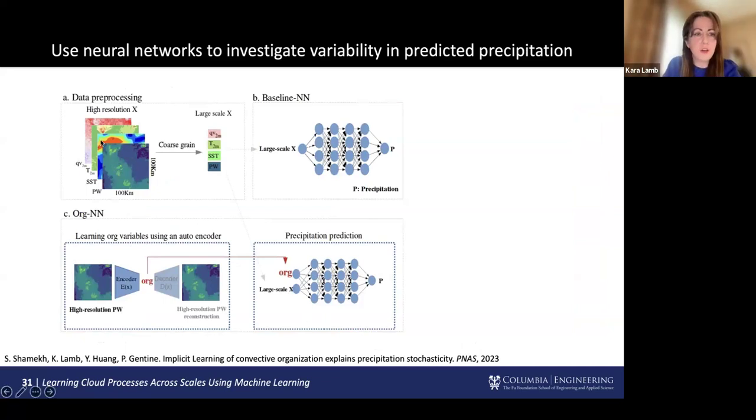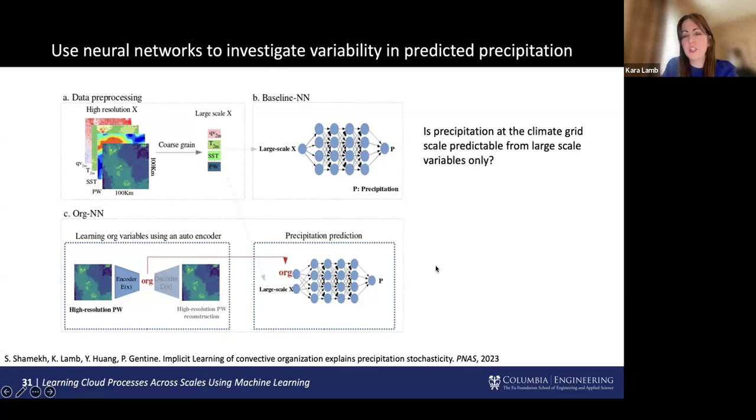It's basically taking in these high resolution fields, coarse graining them down to what would be observed only at this climate scale, so these large scale variables, and then it's just taking a neural network, trying to map these large scale variables to the prediction of precipitation at the next time step. So this is sort of our baseline neural network model. So this basically allows us to ask, is precipitation at the climate grid scale predictable from large scale variables only?